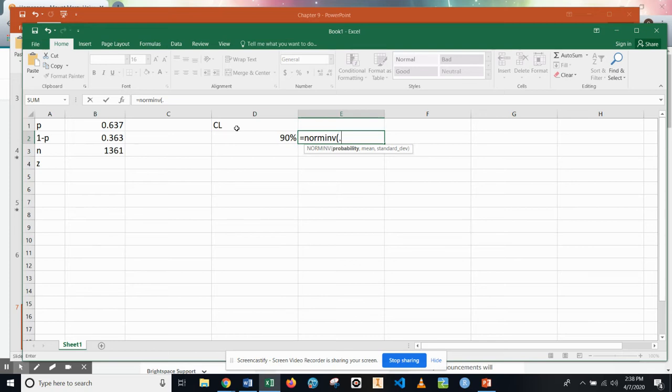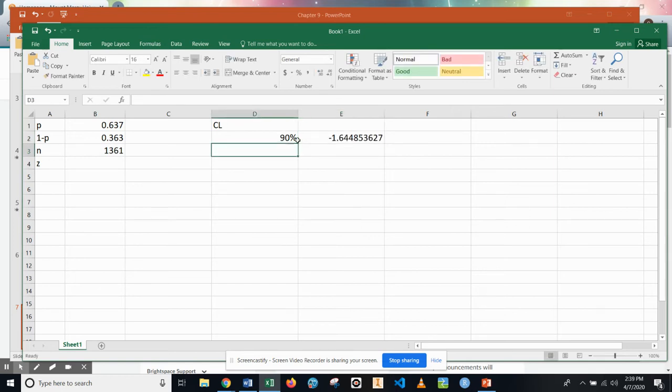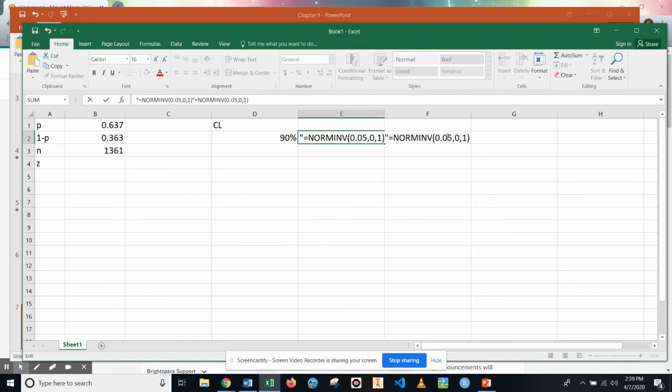So I could do 0.05, 0, 1, or I could do the same thing from the left end mark. Remember, with 90% in the middle, we have to have some cutoffs on our normal distribution. I'll put up a page of notes graphically showing those pictures so you can see them. That's how you would find those.